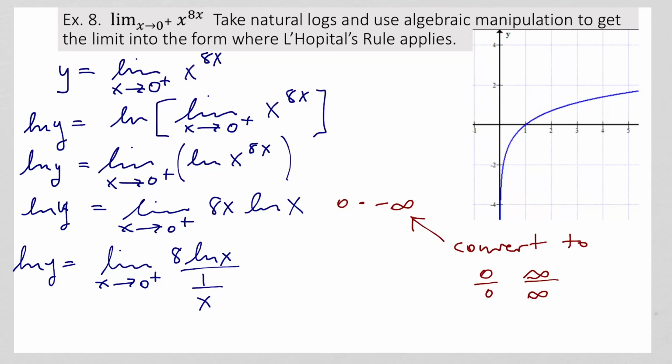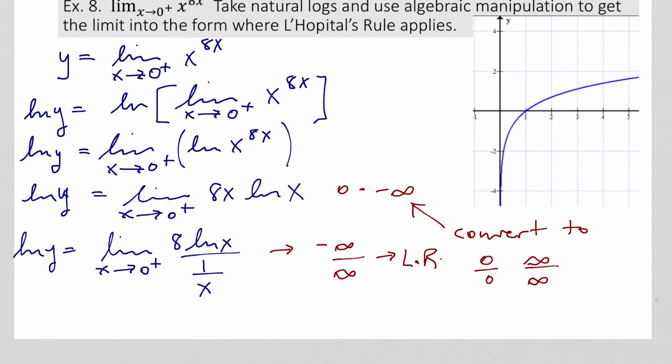So now let's see what we have. So in the numerator of 8 times negative infinity, well, that'll still be negative infinity, over 1 divided by a very small number as we approach 0 from the plus side. So remember, fixed over something very small will approach infinity. All right, so this is one of the forms that is legal to apply L'Hopital's rule.